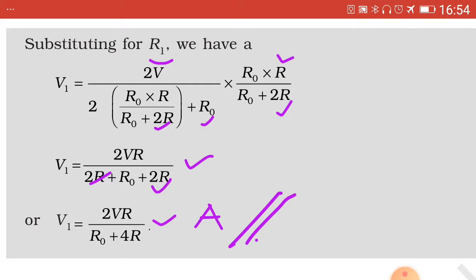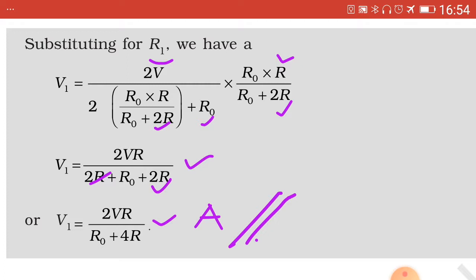Now here in bracket we substituted the value of R1, that is R1 equal to R0R upon R0 plus 2R, and plus R0 in denominator, again into R1, so that will be equal to into R0R upon R0 plus 2R.